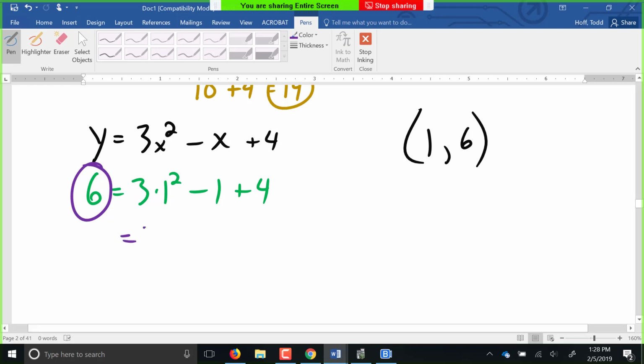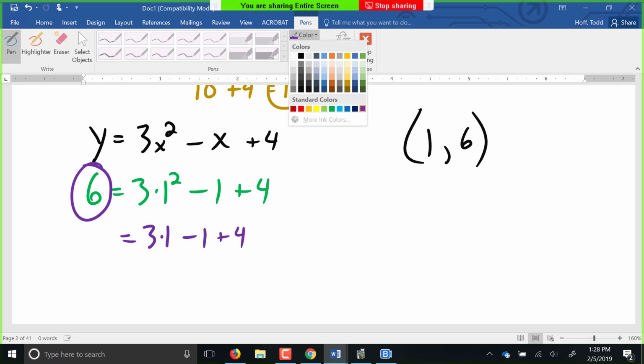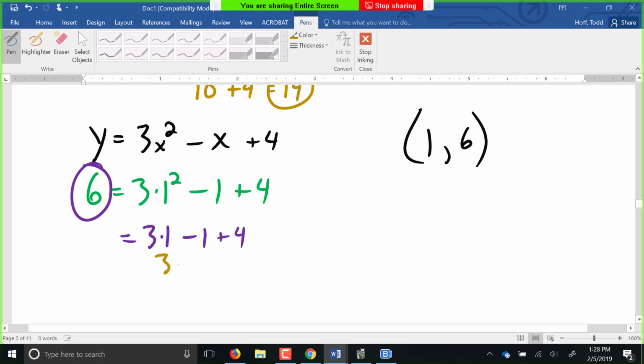On the right side, the 1 squared is just 1. 3 times 1 is 3. 3 minus 1 is 2. Plus 4 is 6. It does work.